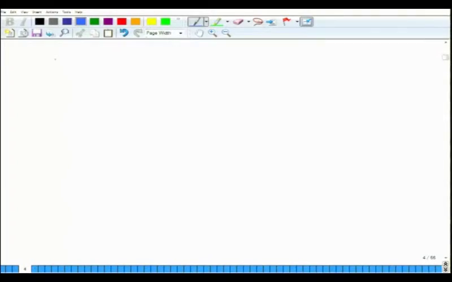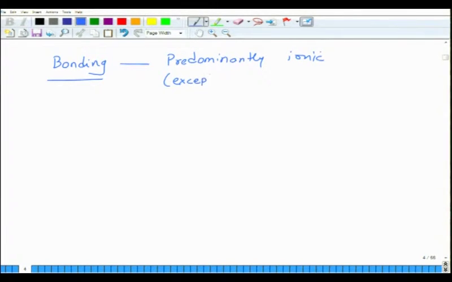So, bonding in this case is predominantly ionic. Exceptions may have covalent character. So, for example, zinc oxide, zinc sulphide, silicon carbide and all that.